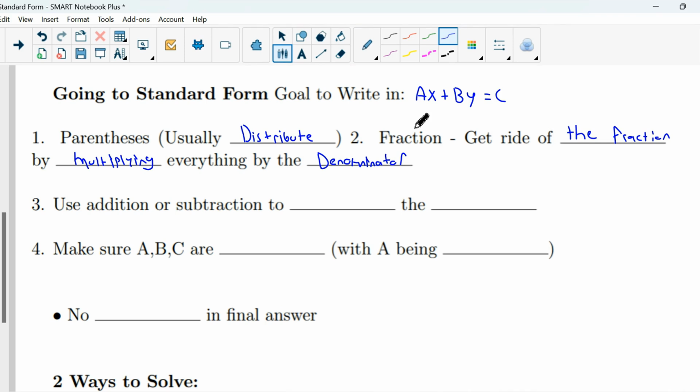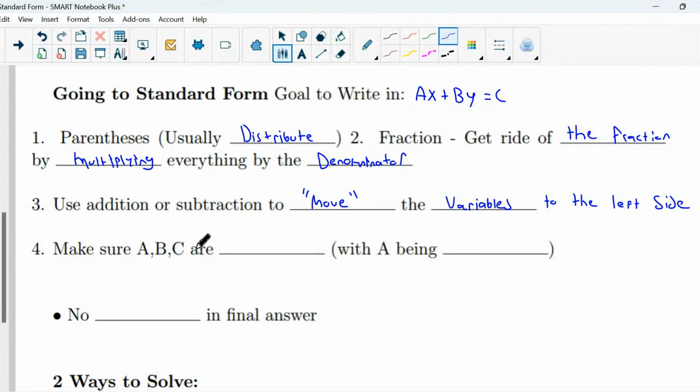Number 3, we can use addition or subtraction to quote unquote move the variables, and then let's add here to the left side. That way we can get both x and y on the left side of c.